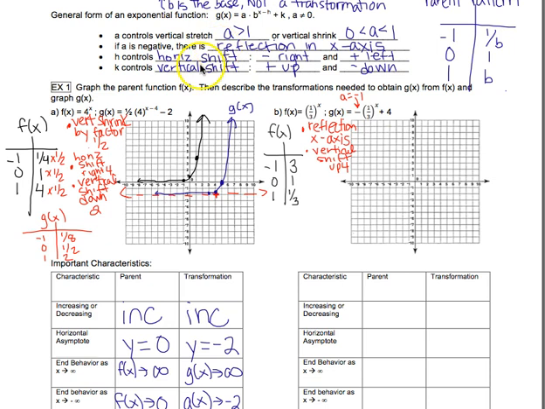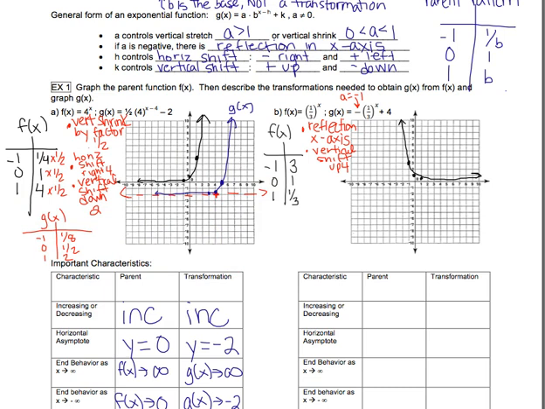All right. On the original, we would have -1, 3, 0, 1, 1, 1/3. So notice that in this case, we have an exponential decay. So we're decreasing as time goes on.